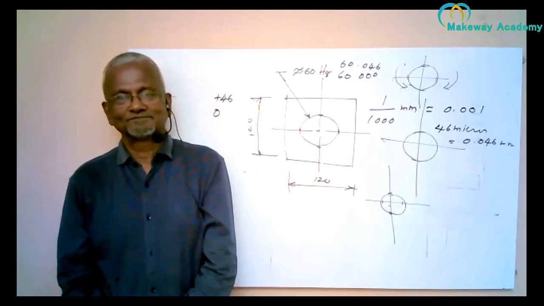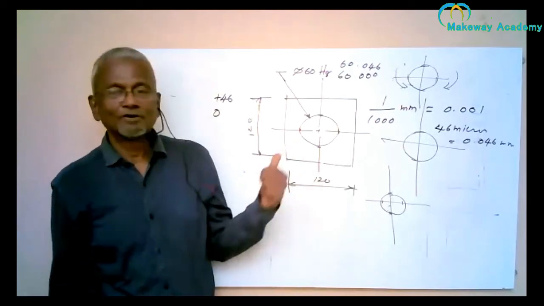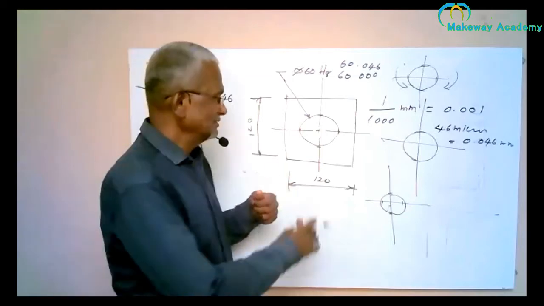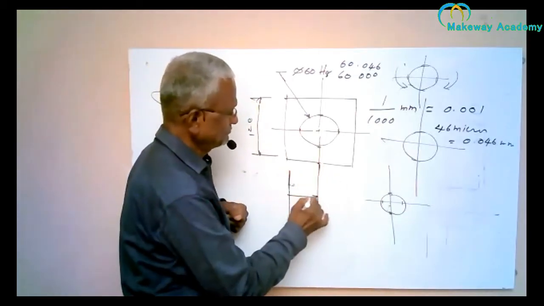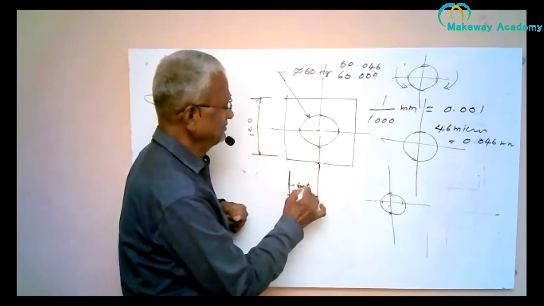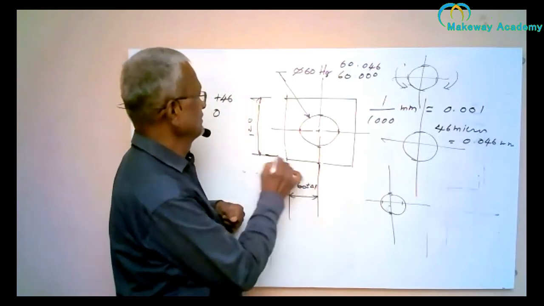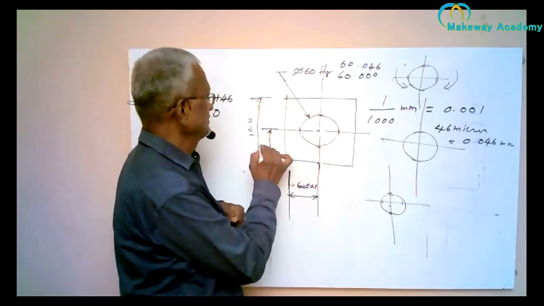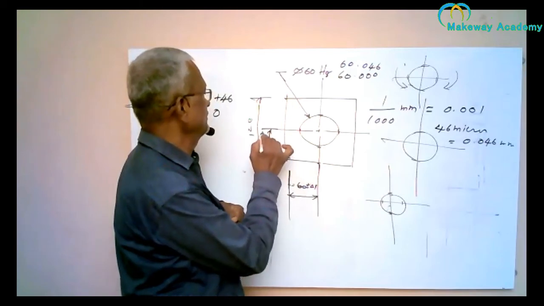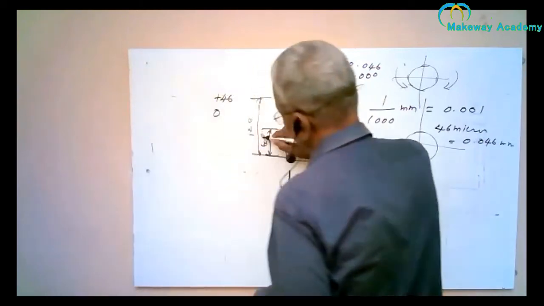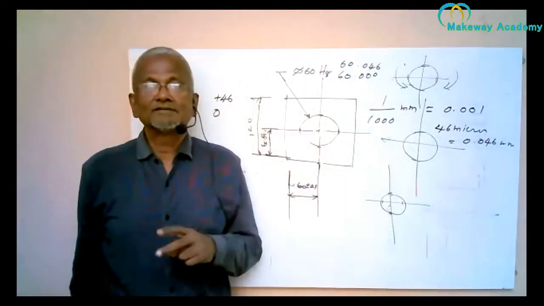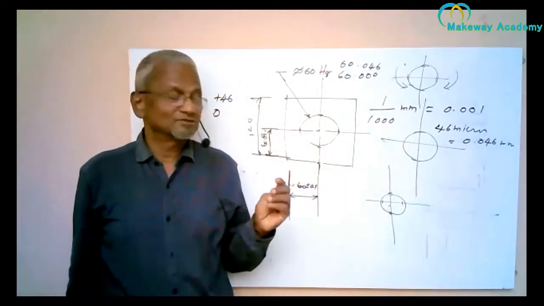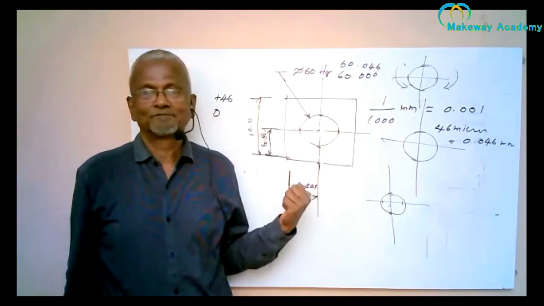Now location. You cannot locate the hole exactly at the center. So actually, you can say this 60 plus or minus 0.1. But normally in engineering drawing, in production drawing, they don't do it this way.